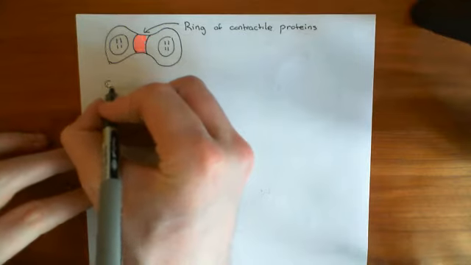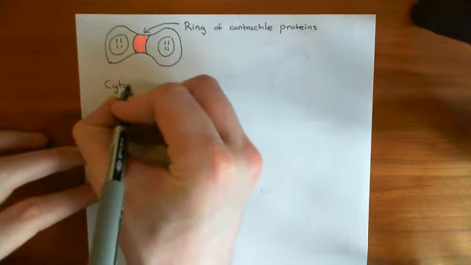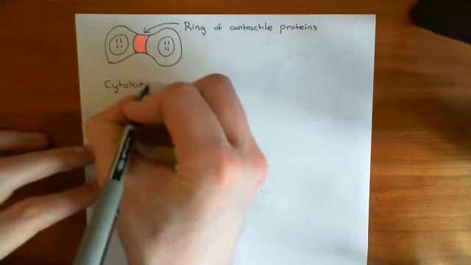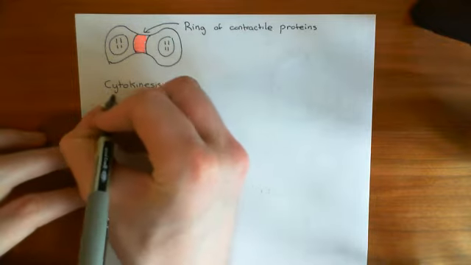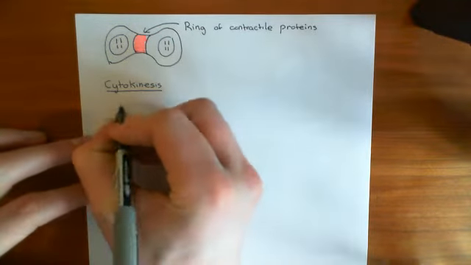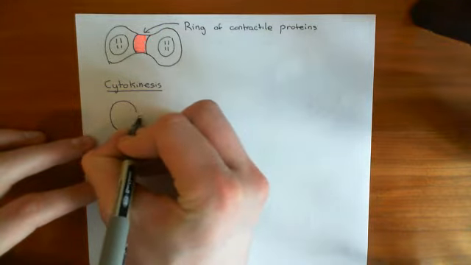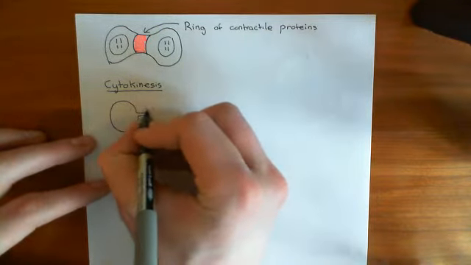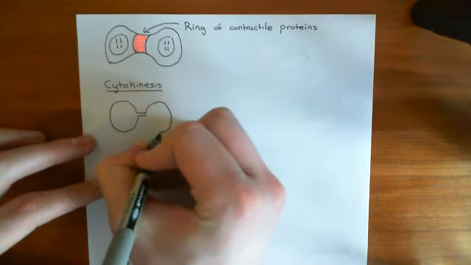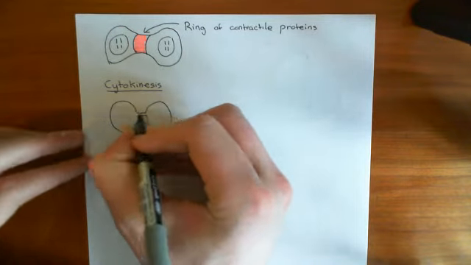Then finally, the final stage of the cell cycle is cytokinesis. In cytokinesis, this ring of proteins contracts smaller and smaller to make a furrow, a tiny little connection, and eventually that's just going to cut off and you're going to split into two cells.